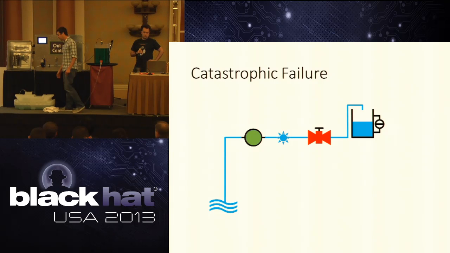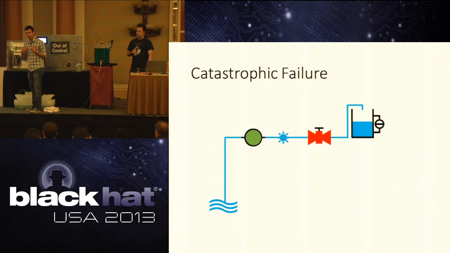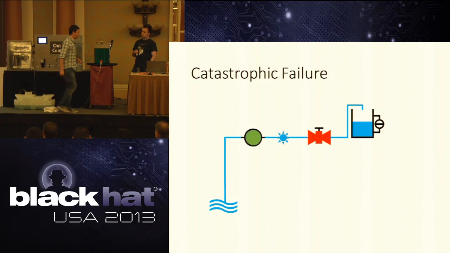Well, it doesn't matter what the safety logic has. If you drive these output signals directly, you could have logic telling the pump to turn off all day, but if we drive the signals in this PLC ourselves, it doesn't matter what the operator wants to do or what the PLC logic wants to do. We're driving those outputs ourselves, and we'll get to see that.